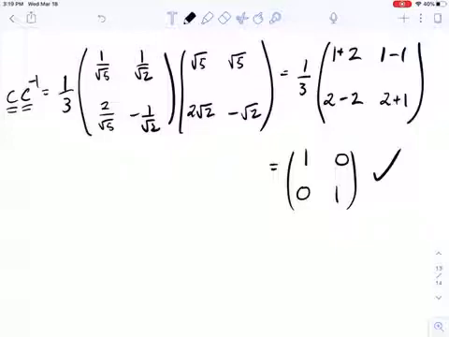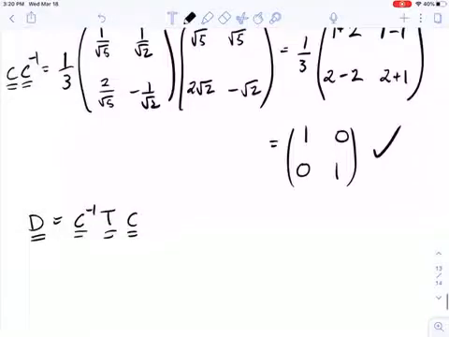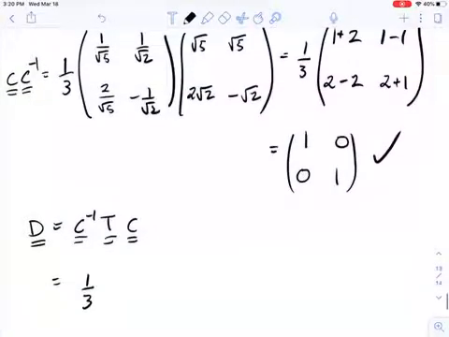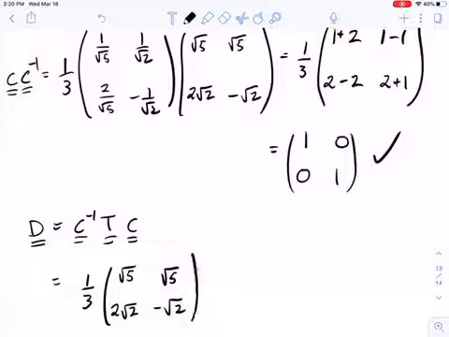So what we were going to try to show was that the diagonal matrix should be equal to C inverse times T times C. So we start with C inverse, 1/3, and it is root 5, 2 root 2, minus root 2.